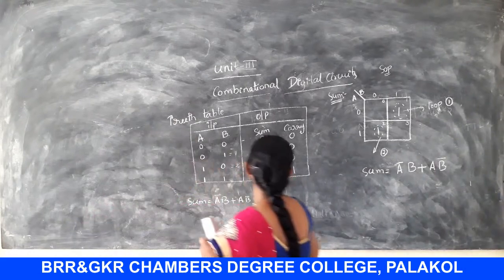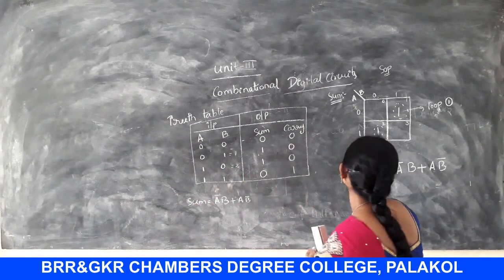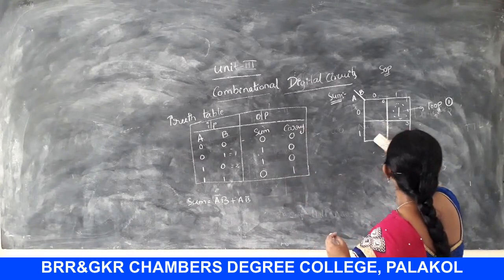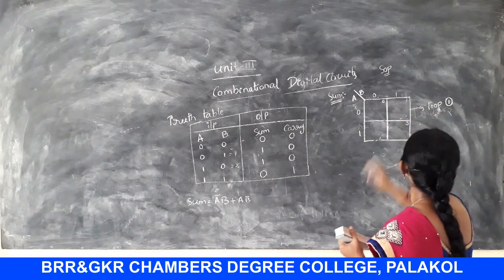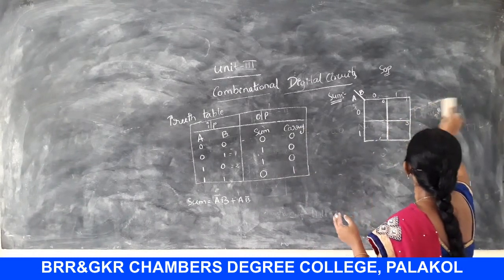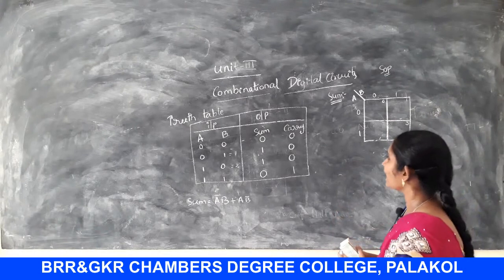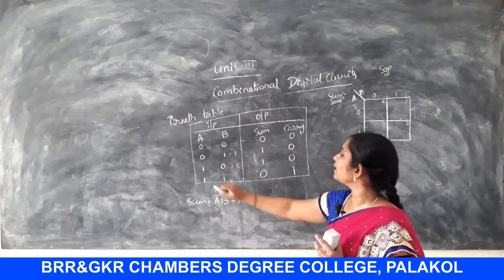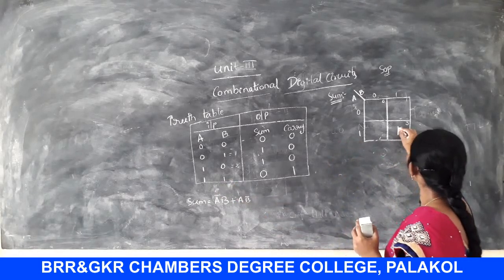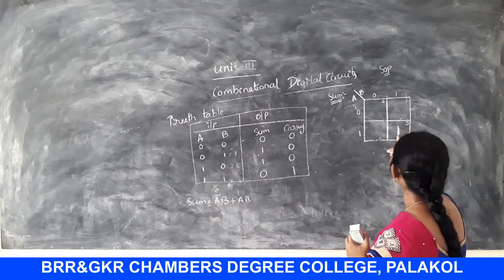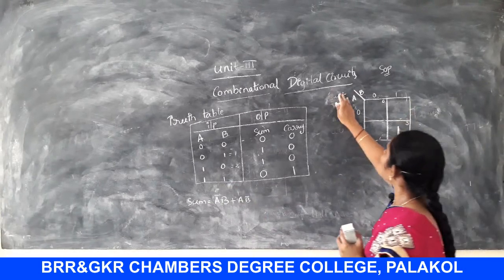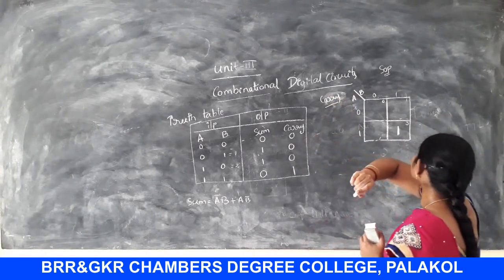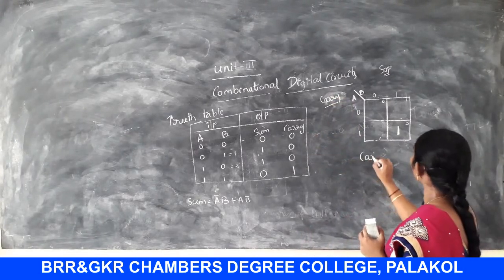Now we will find the equation for carry. For carry, only one 1 is there, which belongs to decimal number 3, so put 1 here. We have to find out the expression for carry.